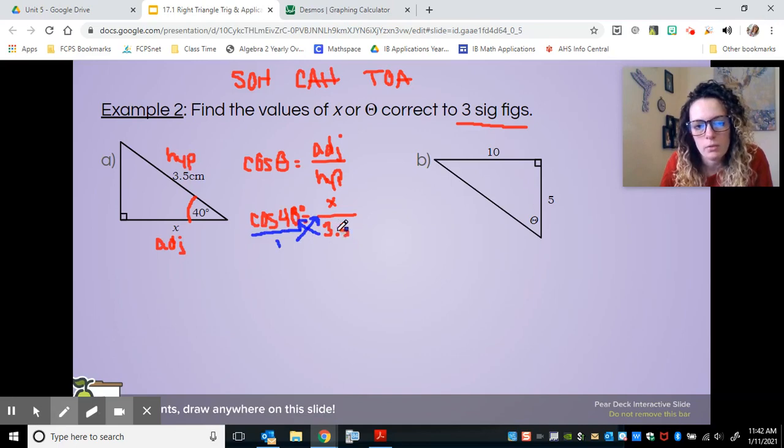So that means I'd have 3.5 times cosine of 40 equaling x.